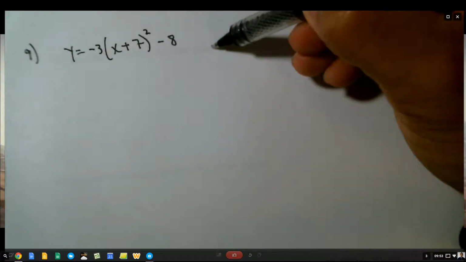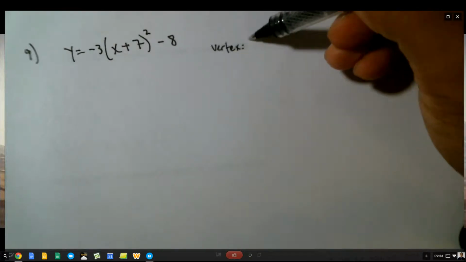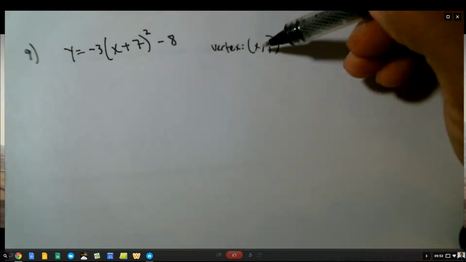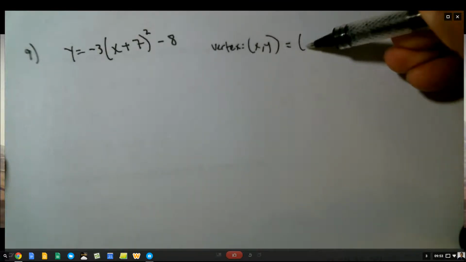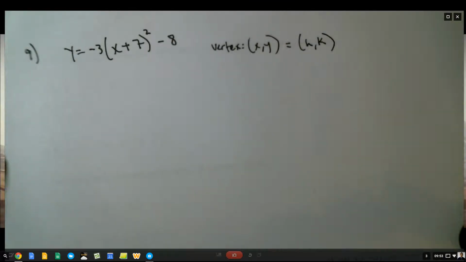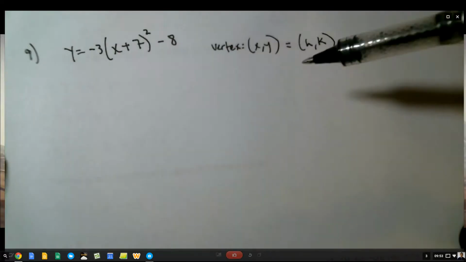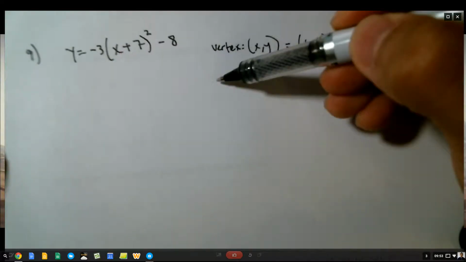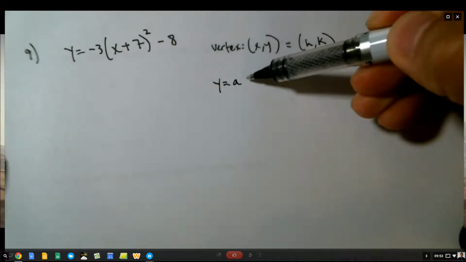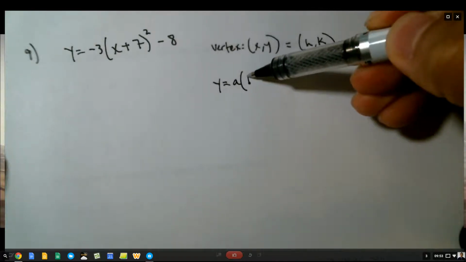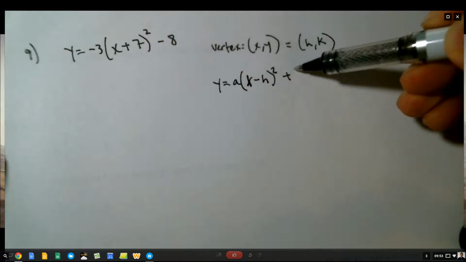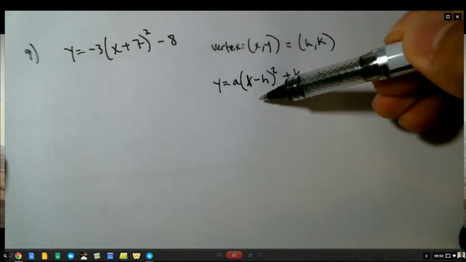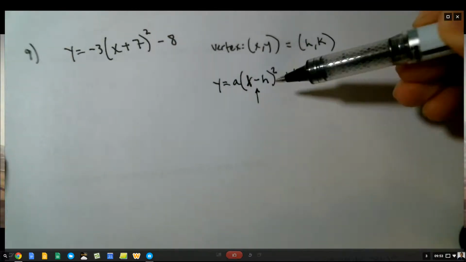Just for review, the vertex x and y coordinates are equal to the h and k values of the vertex form. Our generic equation is y equals a times (x minus h) squared plus k, with a negative sign in the middle.